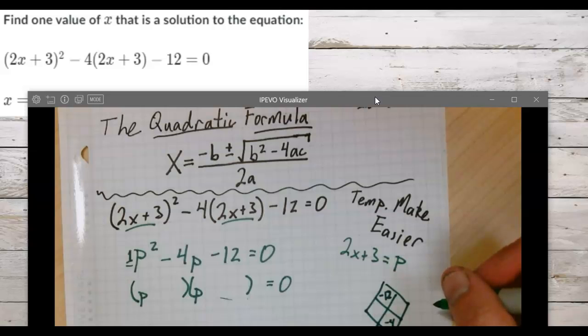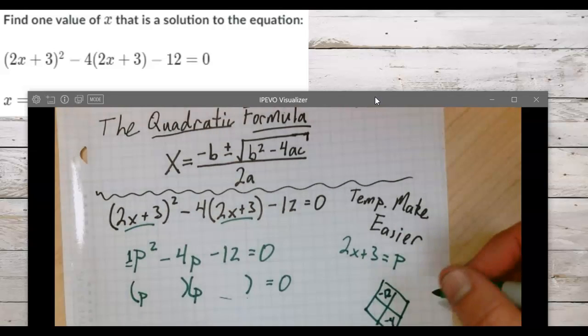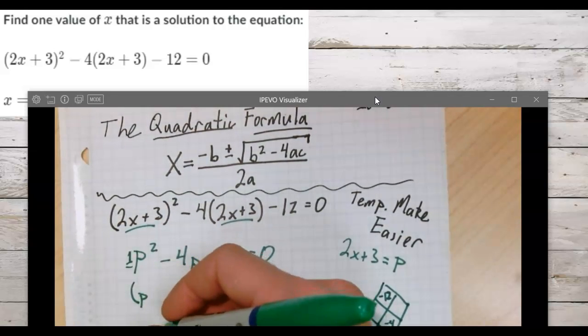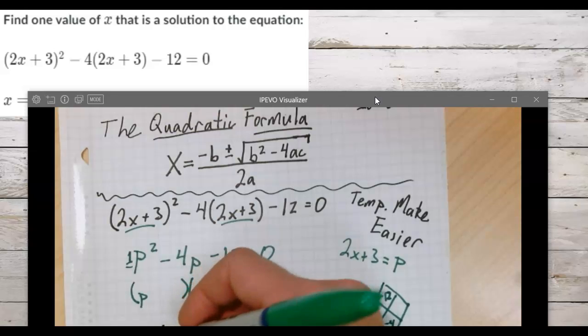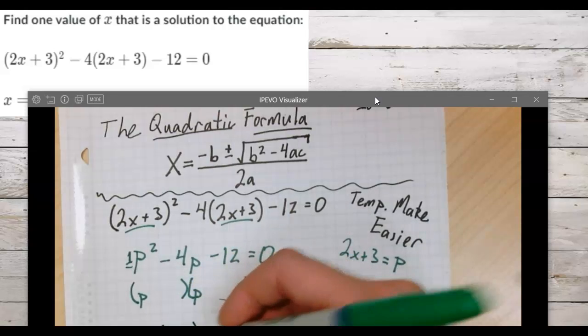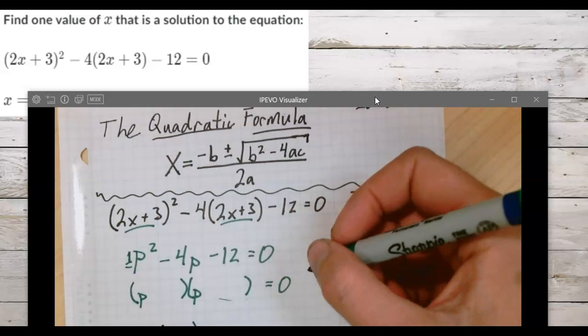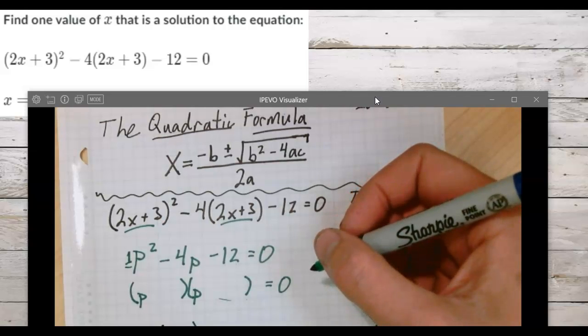I think she means it in parentheses: P minus 4 times P, which equals 12. And then I found out that that is 6, so that simplifies to P equals 6. And then you add that in, so x equals 1.5.